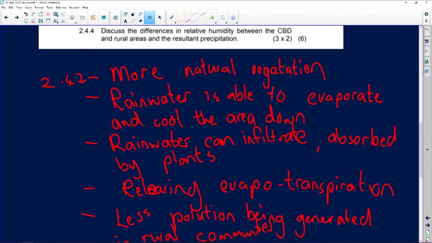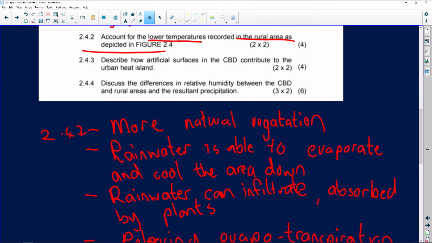So let's just quickly look at our next question before we take a short break. And our next question is: discuss the differences in relative humidity between the CBD and rural areas and the resultant precipitation.